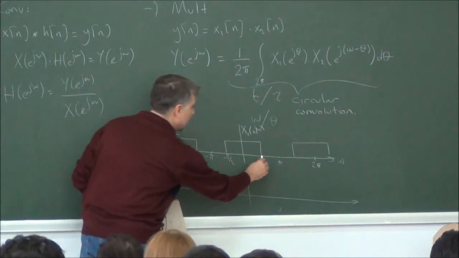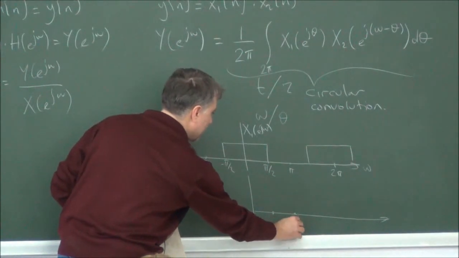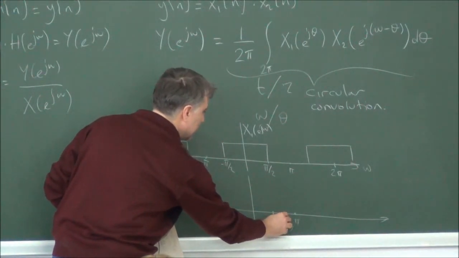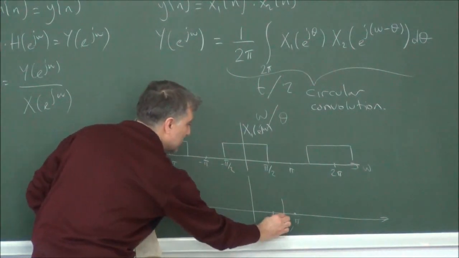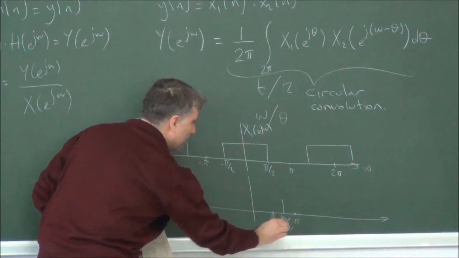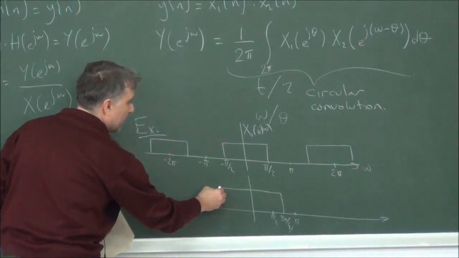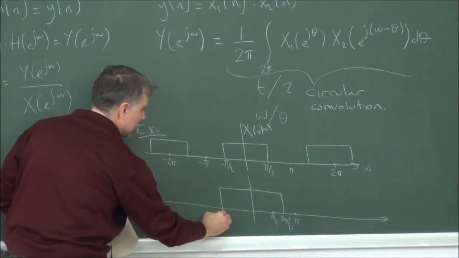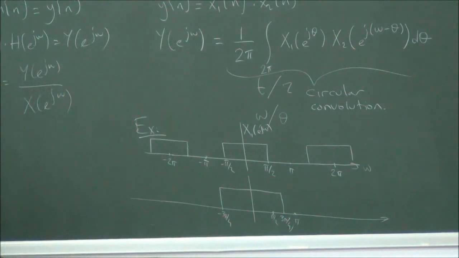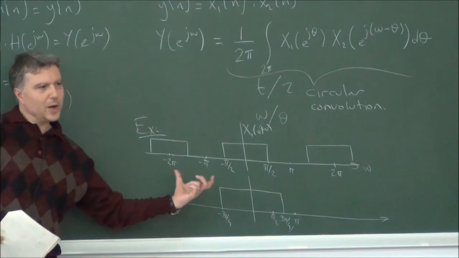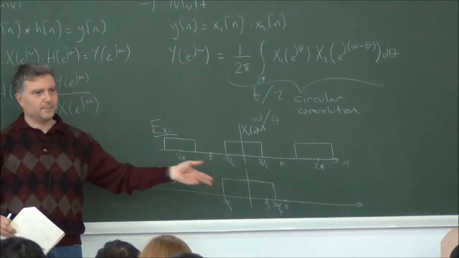It's not up to pi over 2. This is pi over 2, this is pi again. It is in the middle between pi over 2 and pi, which is 3 pi over 4, and up to minus 3 pi over 4. So this is the fundamental module in the center, and you have to make this thing 2 pi periodic.